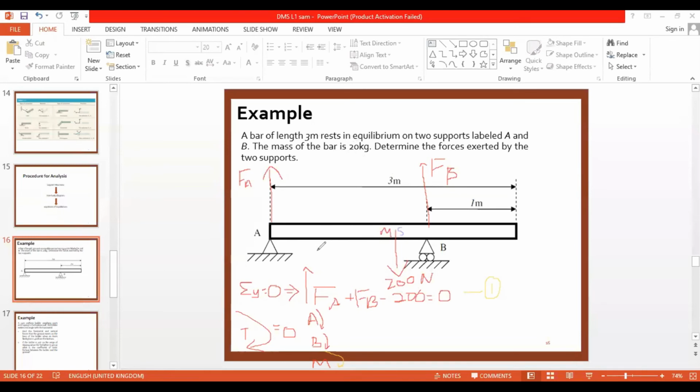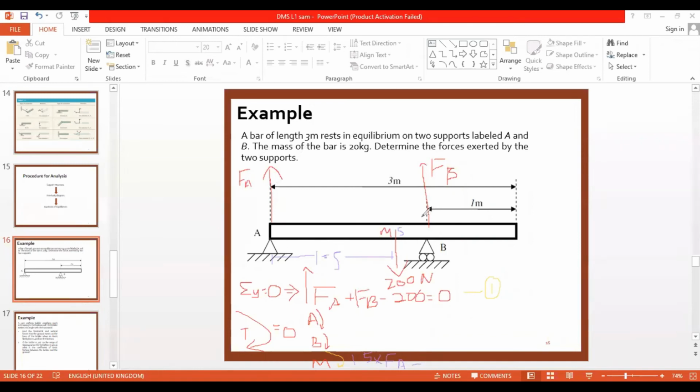So that is 1.5 meter into this force FA. So about M, 1.5 into FA. And when I come this way, this is anti-clockwise direction, so I will put minus.